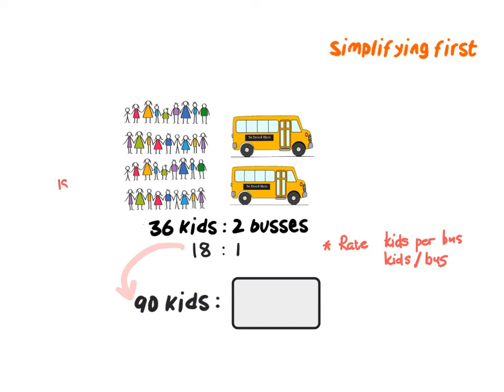So on the side here we can write 18, 36, the next one would be 54, plus another 18 gives me 72, plus another 18 gives me 90. So that means it's times 5 on the left-hand side, which means it's times 5 on the right-hand side, and that will give me 5 buses.